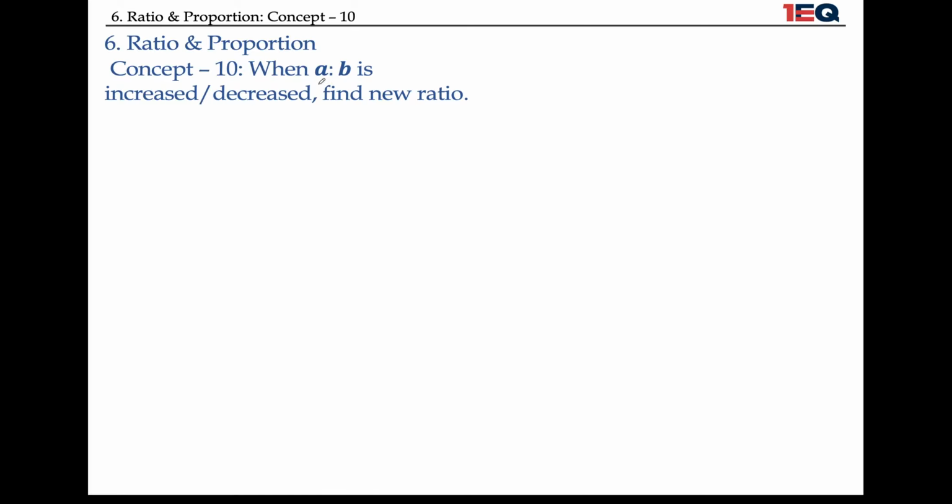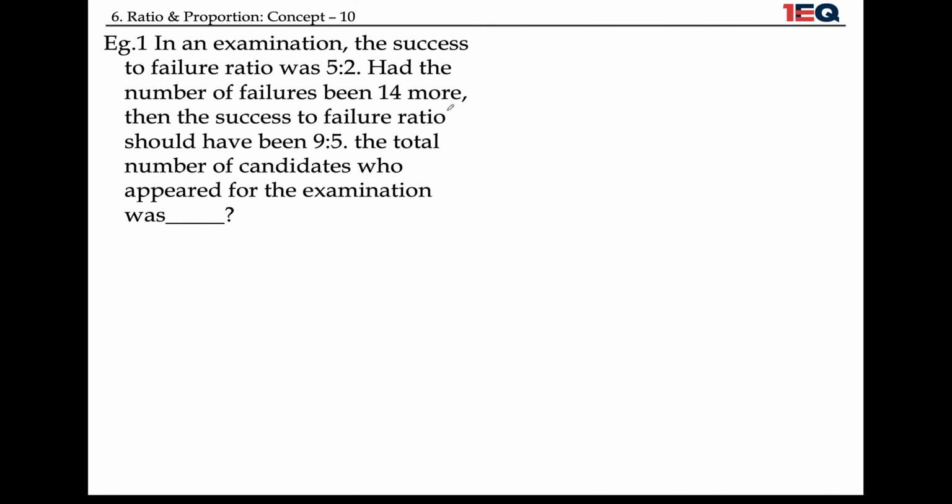The ratio in proportion when A is to B is increased or decreased, and we need to find out the new ratio. Okay, let me take you forward with it. In an examination, the success to failure ratio was 5 is to 2. Success means plus, failure means cross.